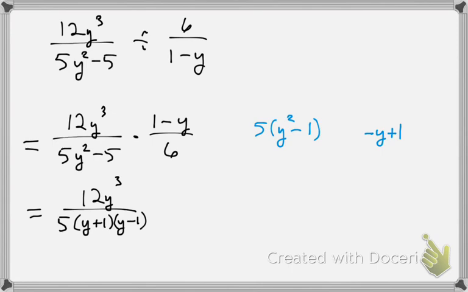Pull out a negative 1, which would leave behind y minus 1. I'll emphasize that negative 1 we pulled out. And 6 is 6. Nobody's rocked by that revelation. Have I fully factored?